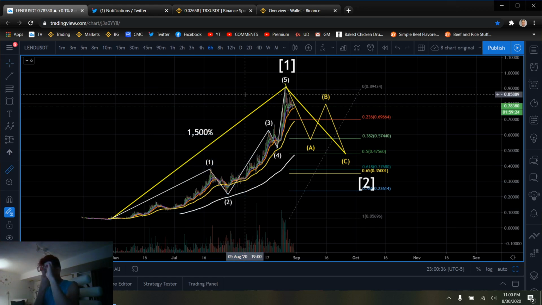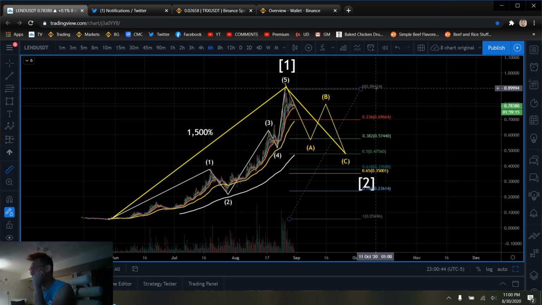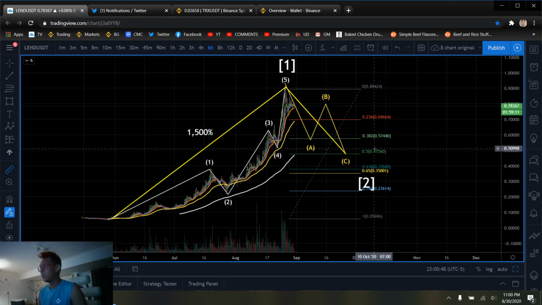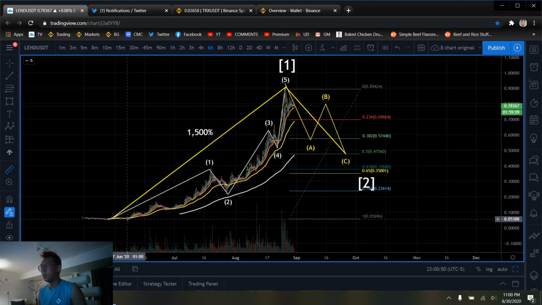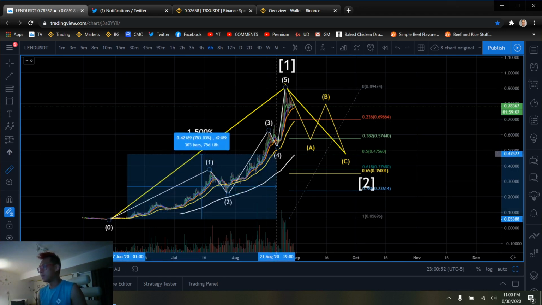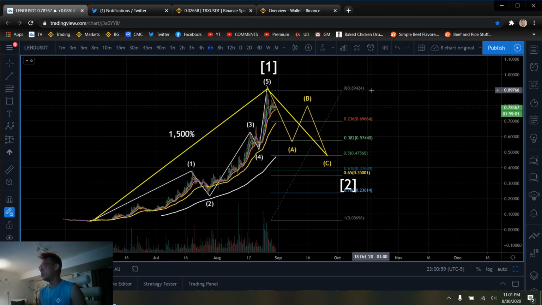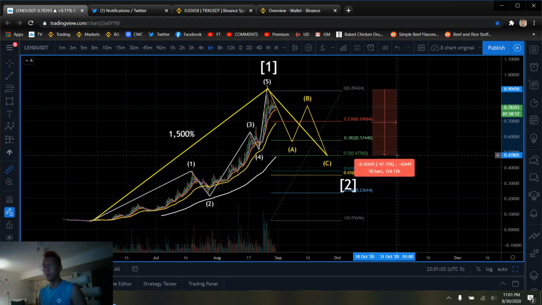If it went up 1,500% and it fell down 50%, which is what the Fibonacci retracement level refers to here, that means that it would come back down to the 750 region, right? Which is half of 1,500. So if the coin was at 90 cents, which it was, and it fell down 50%, the coin would be at 45 cents, right?